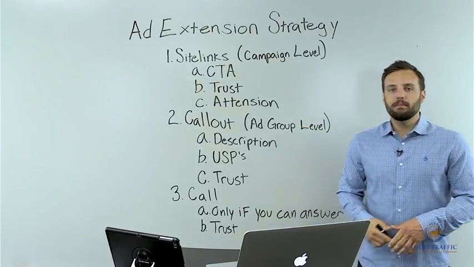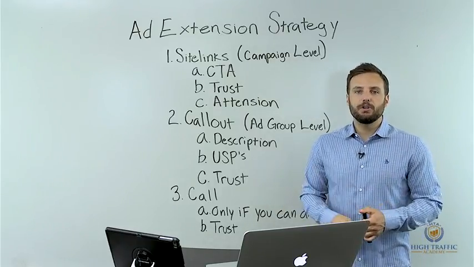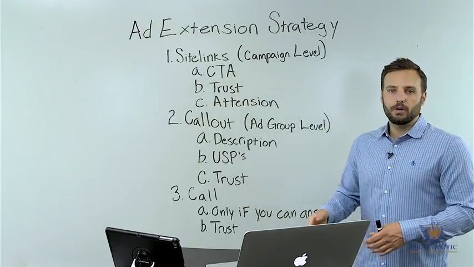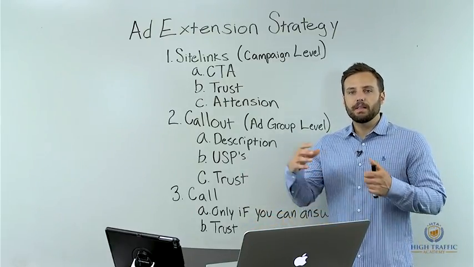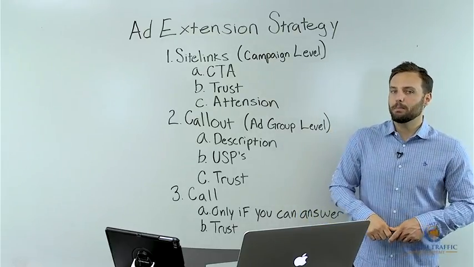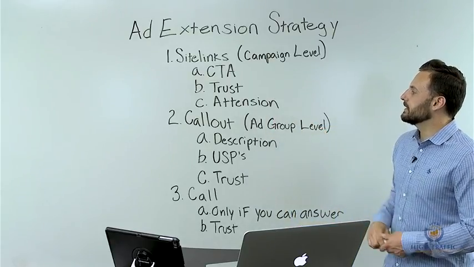And that can be something, for instance, if you are in the supplement business, you can say something like all natural ingredients or non-GMO or 100% organic or something that's going to capture the reader's attention and want them to find out more about that particular topic that you're broadcasting in your site link extension.